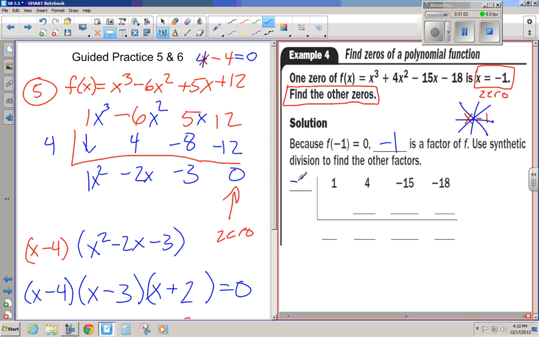So let's check. Drop down the 1, multiply, add, multiply, add, multiply, and add. A 0 means that -1 is one of the answers.